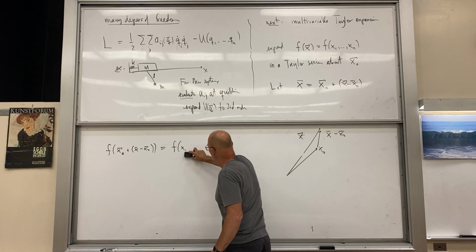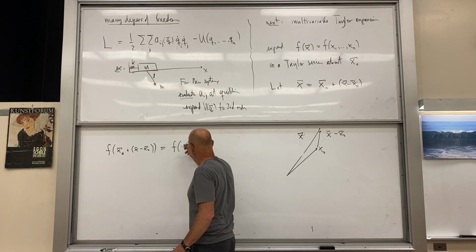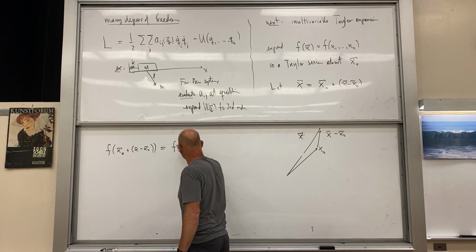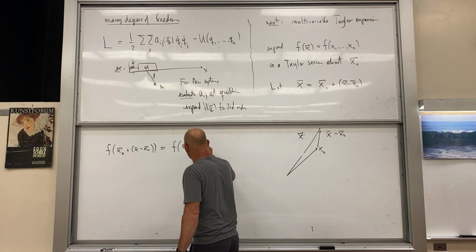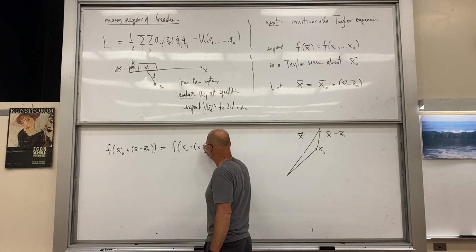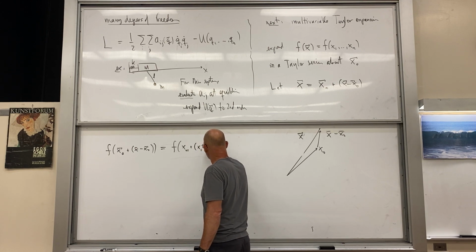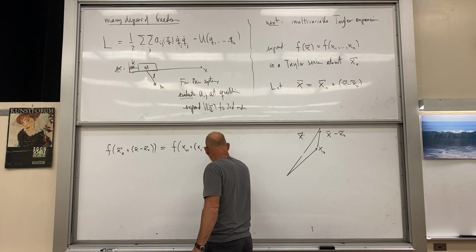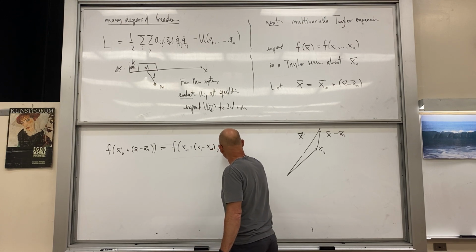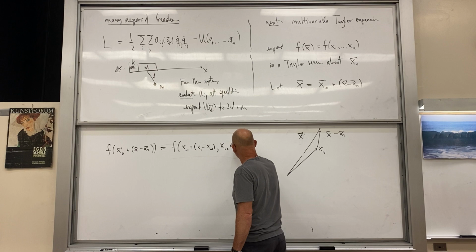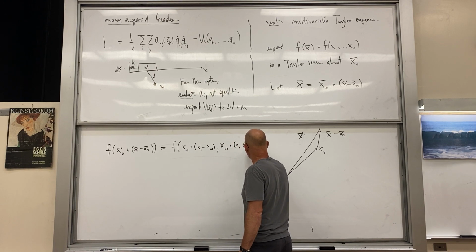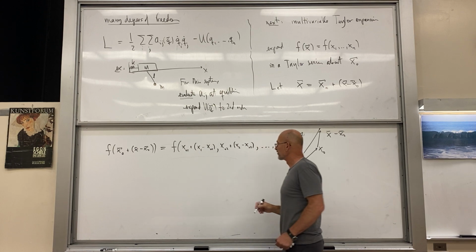Let's write out all of the variables here. So we get an x0,1 plus x1 minus x0,1, comma, x0,2 plus x2 minus x0,2, and all the way out.